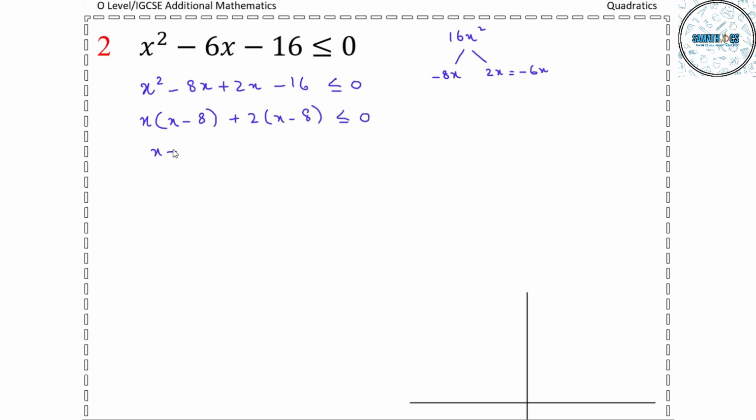Then (x plus 2)(x minus 8) is less than or equal to 0. Then we have to take out roots. x plus 2 is equal to 0 and x minus 8 is equal to 0. So x is equal to minus 2 and x is equal to 8.